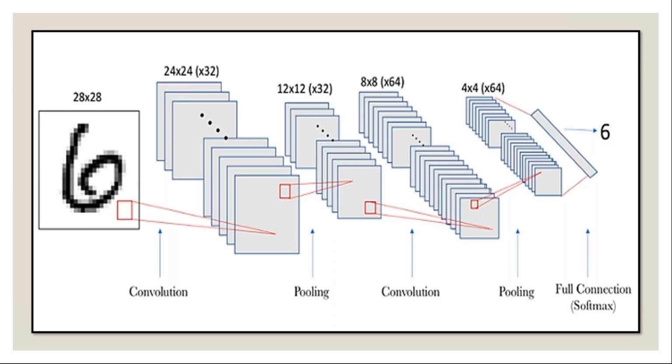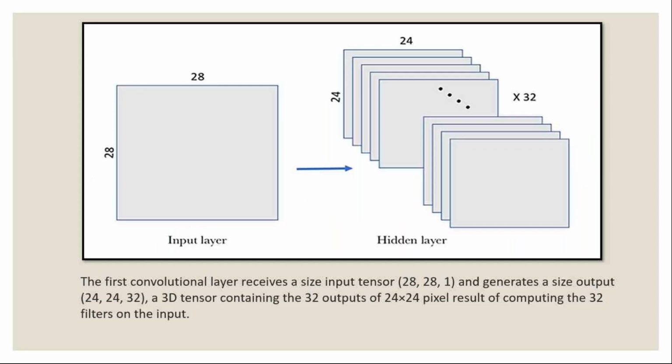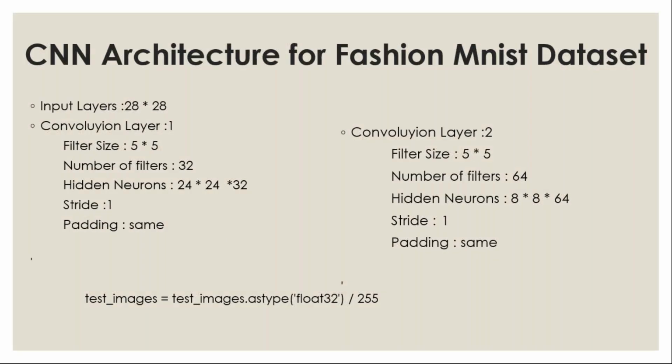So I hope everyone understands the convolution process. Now you come to the architecture. See here, again I show my architecture. First the input layer, 28 into 28, and the first convolution layer. What size of filter are you applying? 5 cross 5. And how many filters? 32 filters. So the hidden neurons are here.